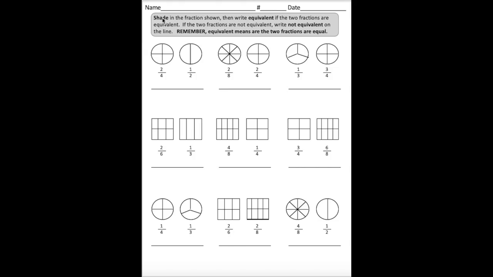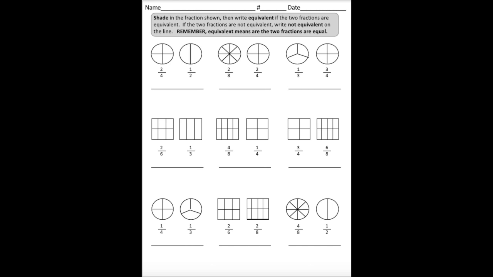Show us that you understand what equivalent fractions are. Remember that equivalent means that the 2 fractions are equal, that they're the same. So what you're going to do is shade in the fraction shown, then write equivalent if the 2 fractions are equivalent. If the 2 fractions are not equivalent, write not equivalent on the line. So I'll show you an example for this first one.